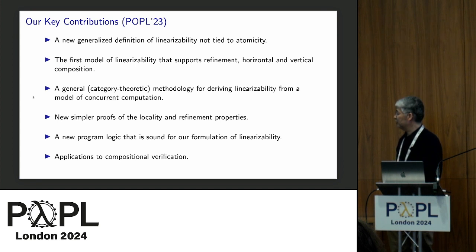I will explain what a vertical composition means. And a general category theoretical methodology for deriving linearizability from a model of concurrent computation. So the recipe is, if I can play this trick on linearizability, then I ought to be able to do the same trick I'm presenting here to linearizability with crashes, potentially even with some notion of weak memory and so on. So those are conjectures, work in progress. We should be able to do all these things.